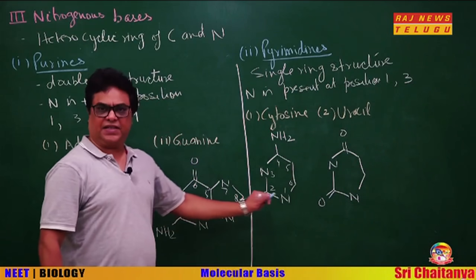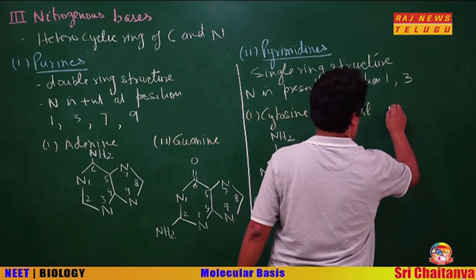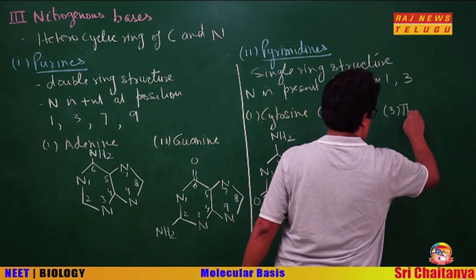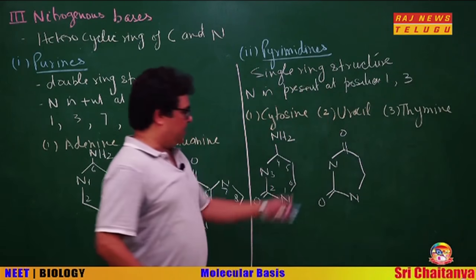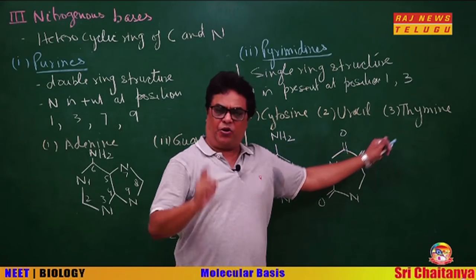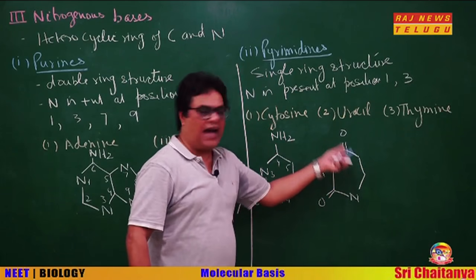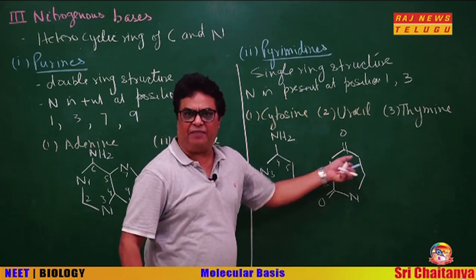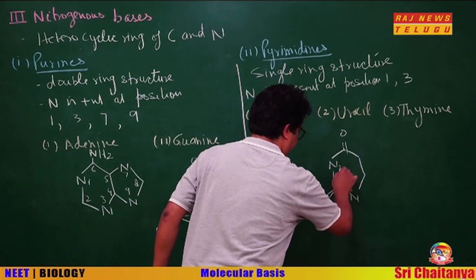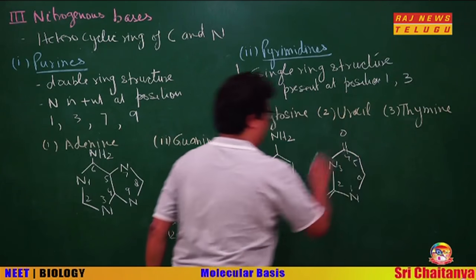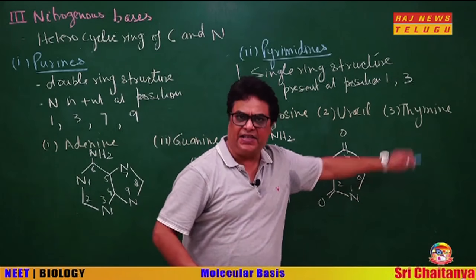So this is uracil. Okay, and third one is thymine. This is found only in DNA. The only difference between uracil and thymine is that in thymine at position 5 a methyl group is present. You see here 1, 2, 3, 4, 5, 6. Here at position 5 when a methyl group is present, then it is thymine.